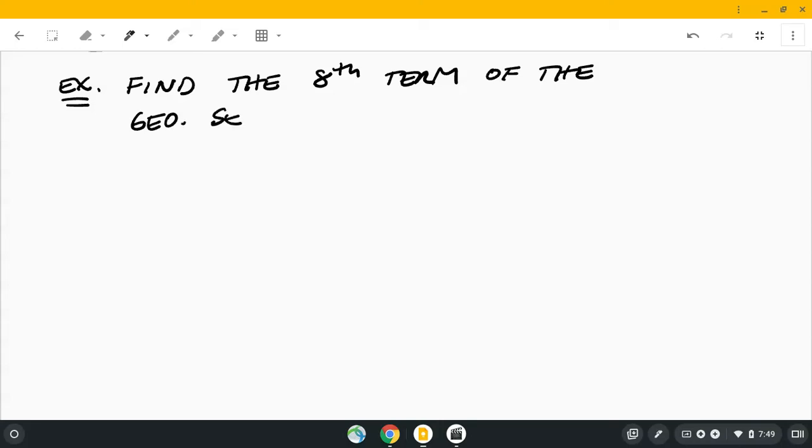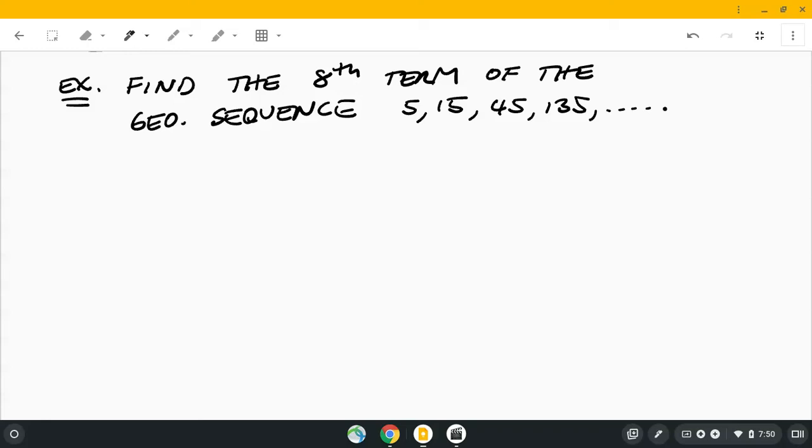Find the 8th term of the geometric sequence 5, 15, 45, 135. In order to find any term, we need that nth term formula.